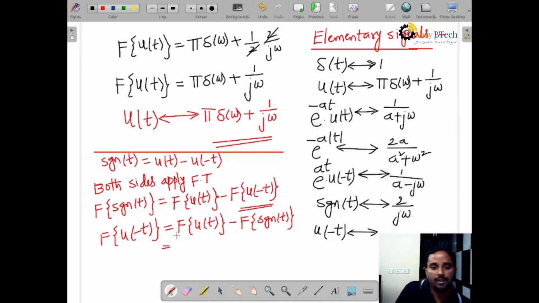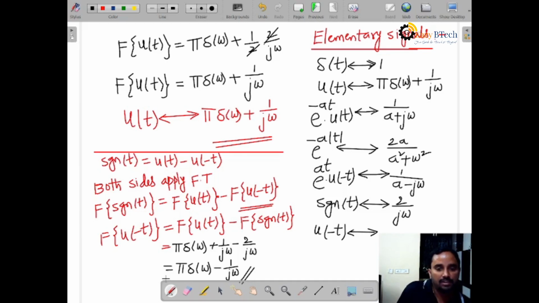Pi del of omega plus 1 by j omega, minus 2 by j omega for the signum function. Simplifying, 1 by j omega minus 2 by j omega becomes minus 1 by j omega. So this is the Fourier transform of u of minus t, very important: pi del of omega minus 1 by j omega.